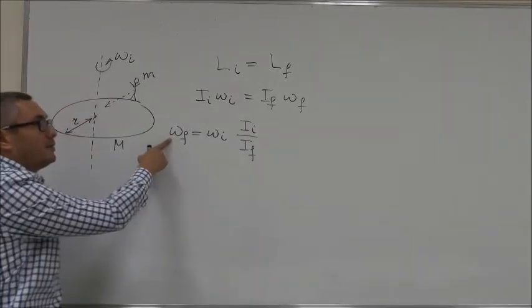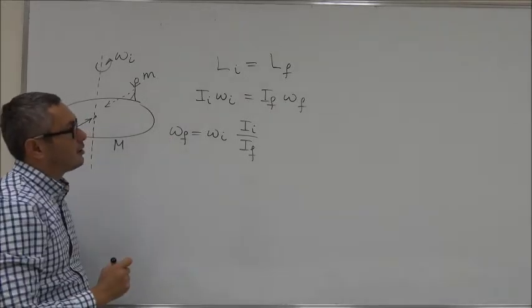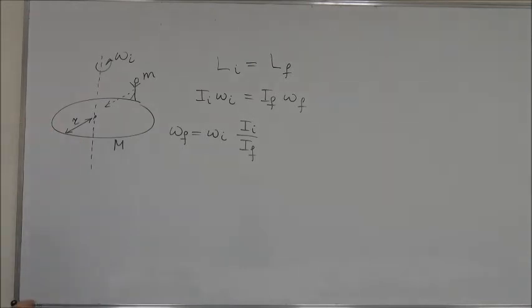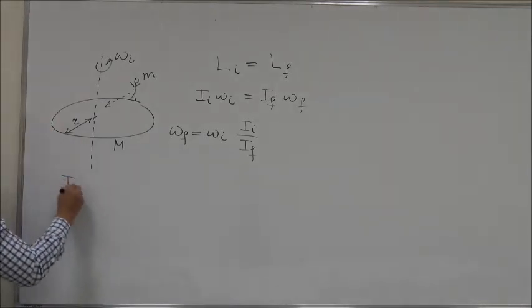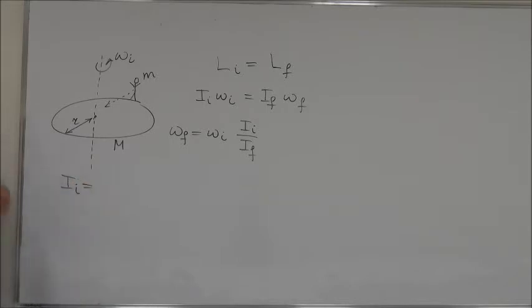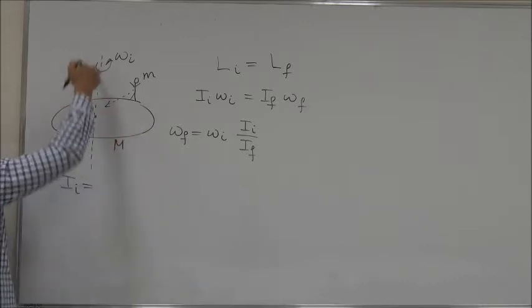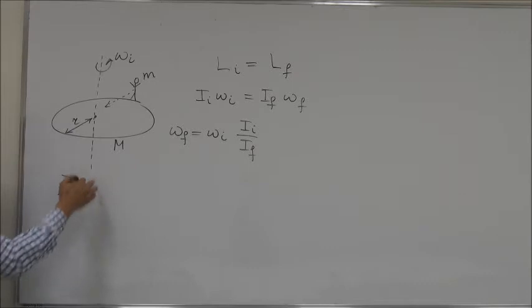So in order to find the final angular speed, we need to know the initial and final moments of inertia of the system. So let's start with the initial one. The initial moment of inertia consists of the moment of inertia of the disk with respect to this axis, and this is given.